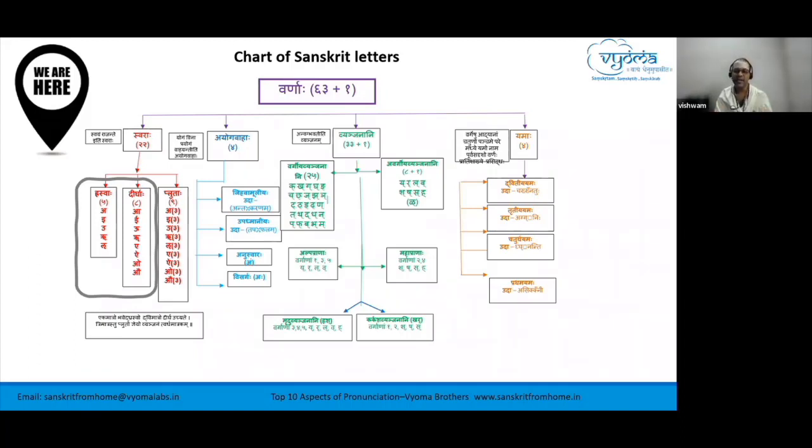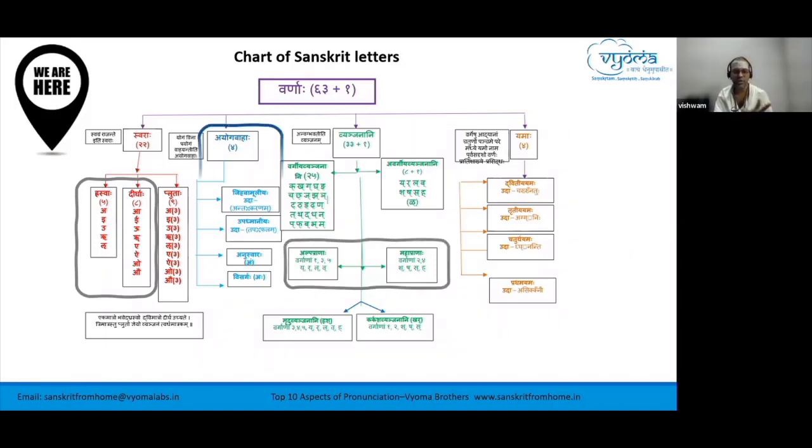So in the initial classes, we will get introduced to the words. As we proceed, we have to get the words right. Hrasvaswaraha, dirghaswaraha. Swaraha is the word, it becomes swaraha. Similarly, alpa pranaha, mahapranaha. So like this, we will get it.